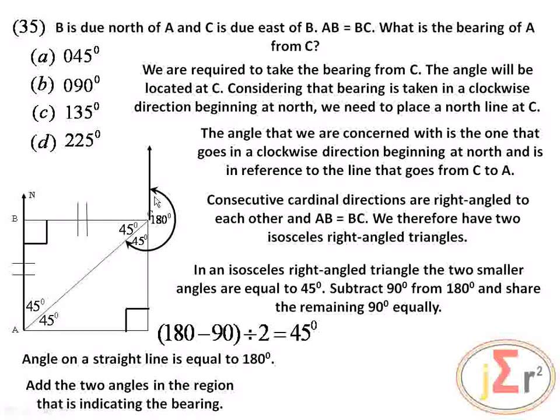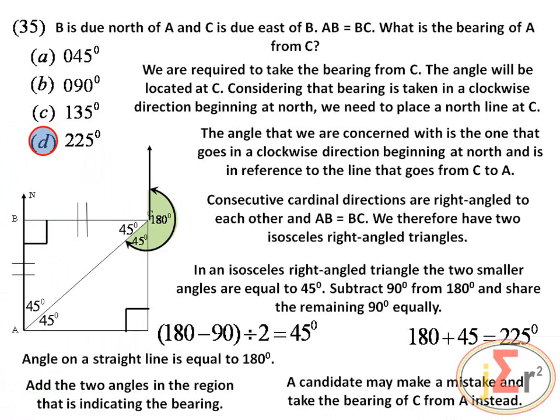So the bearing is indicated by this angle here. And of course we can see that one angle is 180 degrees and the other is 45 degrees. 180 plus 45 is equal to 225 degrees.